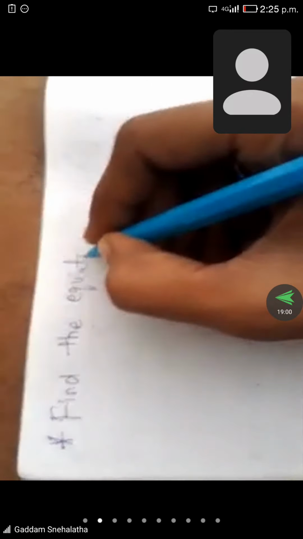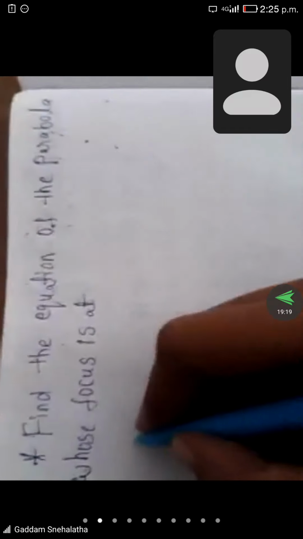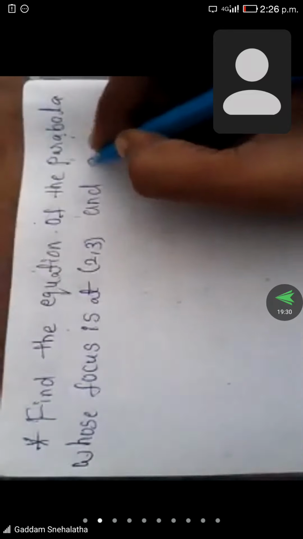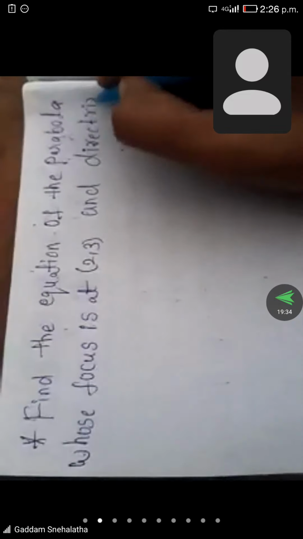Find the equation of the parabola whose focus is at 2,3 and directrix is 3x plus 4y plus 1 is equal to 0.